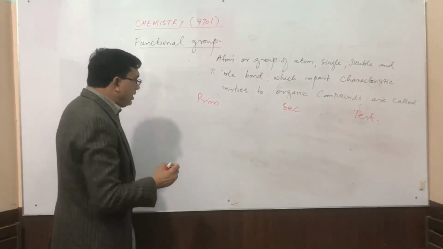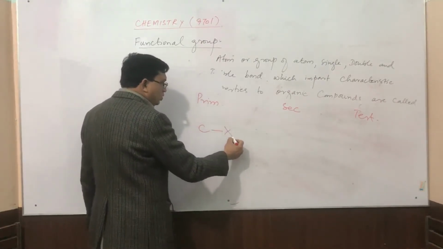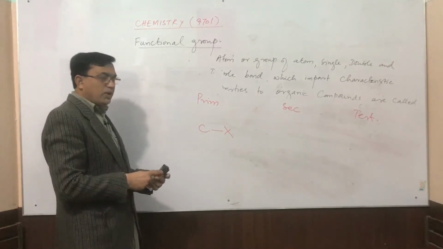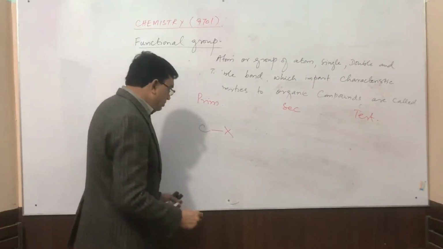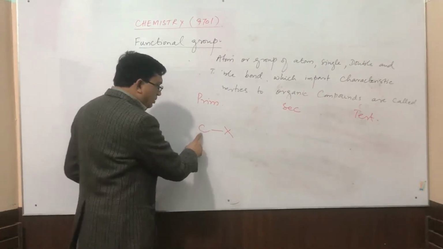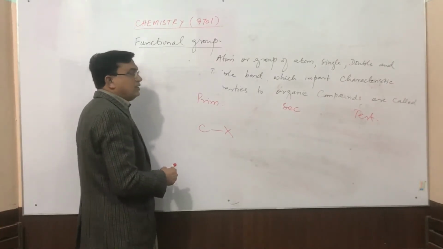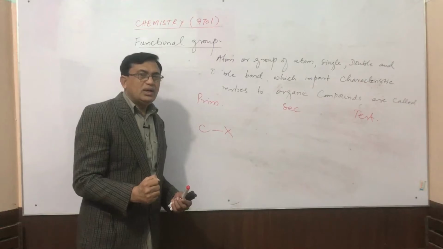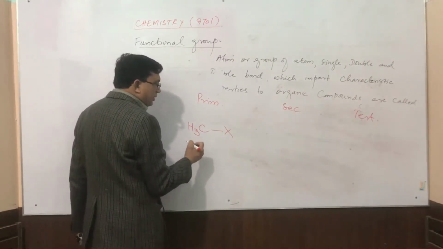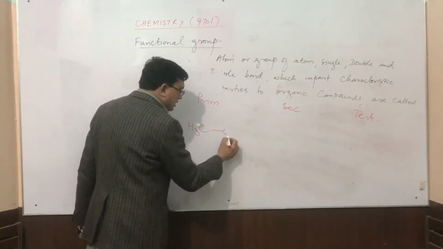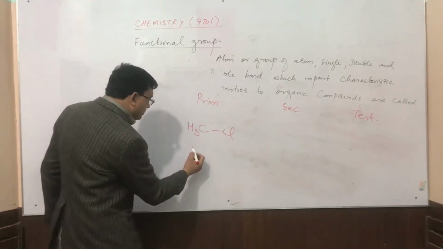Now, in case of primary halogenoalkanes, the carbon atom containing halogen group is further attached with only one carbon atom, or the carbon having halogen group is containing either 2 or 3 hydrogen atoms. For example, if I write down here CH3, CH2, Cl, chloroethane, this is a primary halogenoalkane.